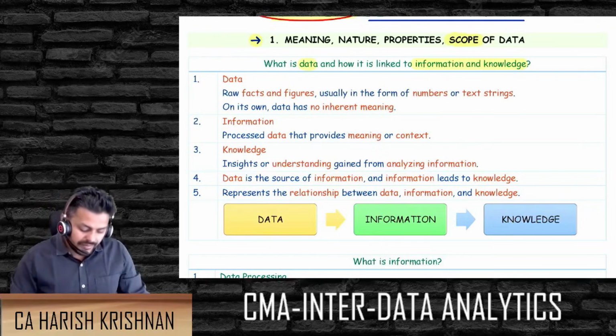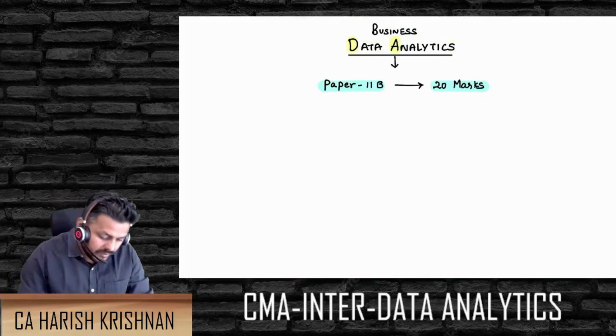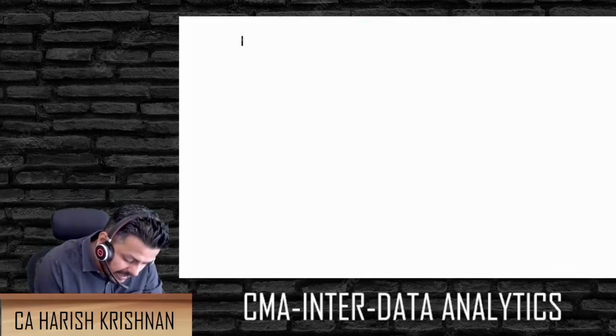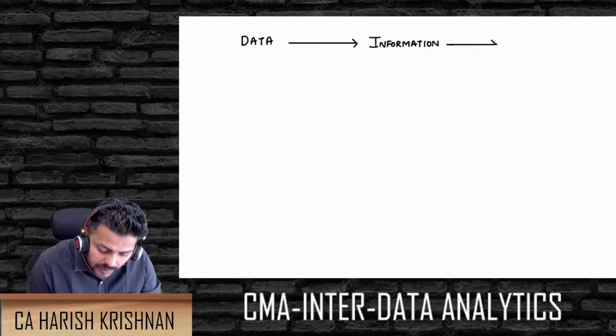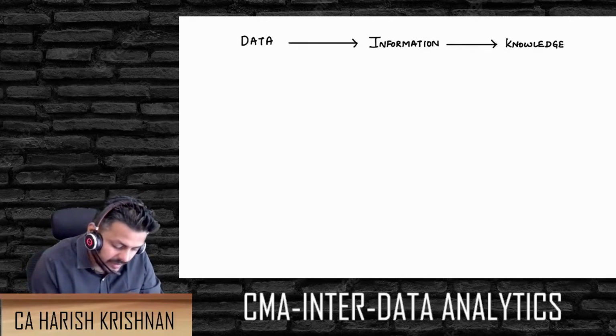Let us analyze each of them individually. First one is called data. From data comes something called information. From that information comes something called knowledge.